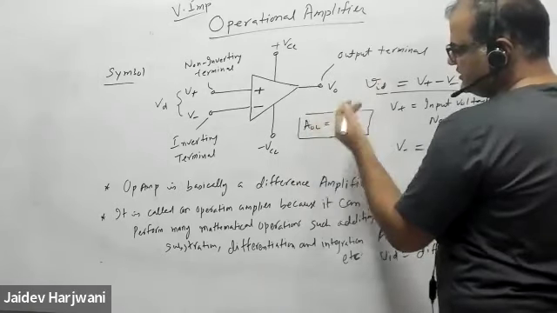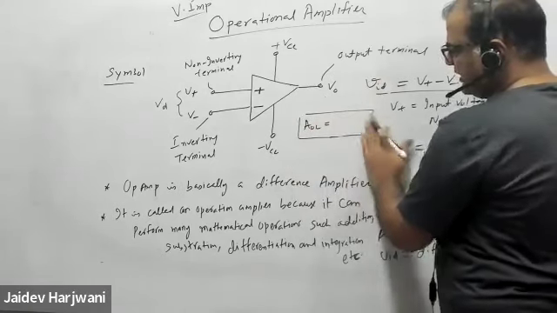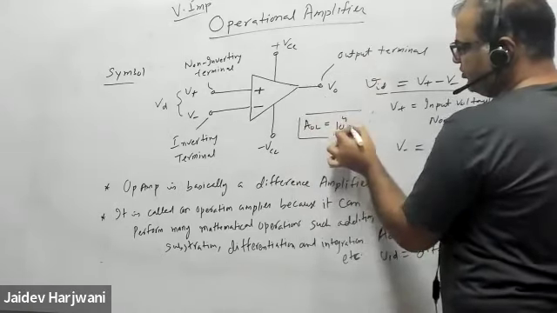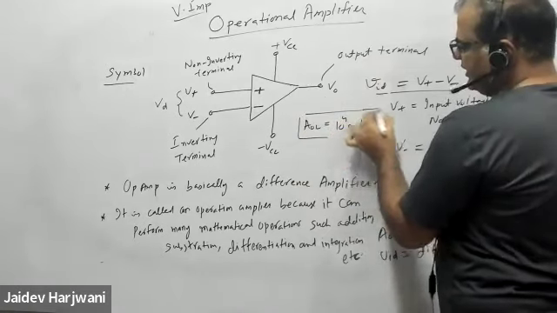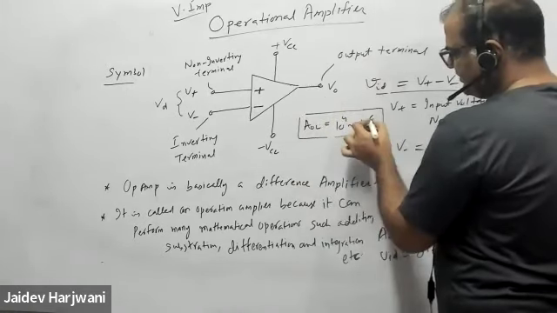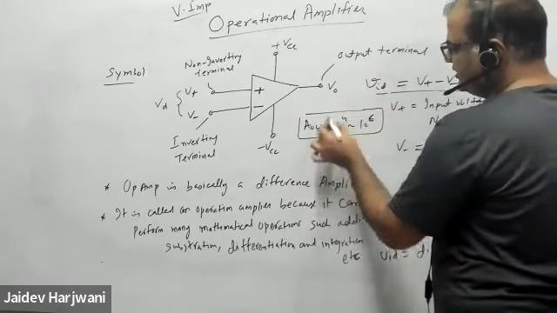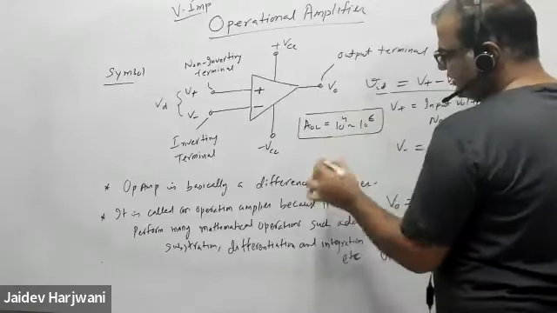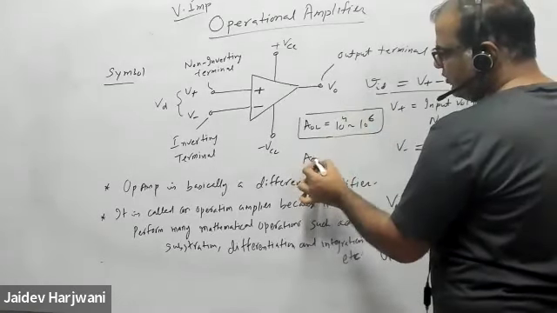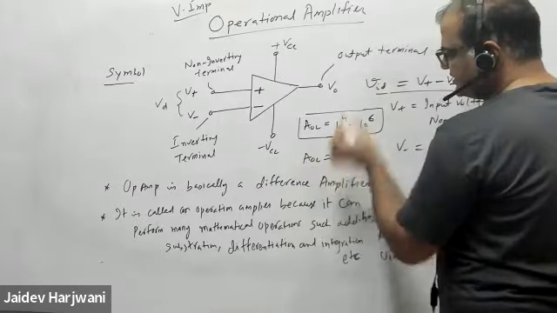It's very high. Generally the order is 10 raised to power 4 to 10 raised to power 6. It can be 10 raised to power 3 also, some lower value also, but generally it is very high.